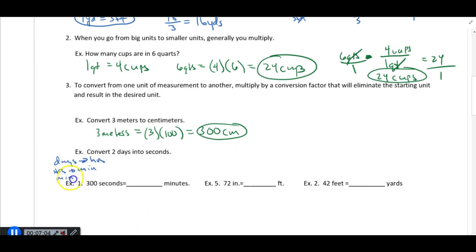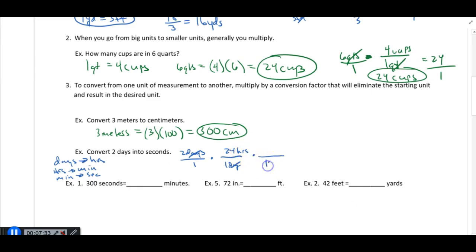And then I can go minutes to seconds. And that's exactly how I'm going to approach this. So I'm going to say 2 days over 1 times, now remember, I want to cancel out days. So when I look at the conversion, I know 1 day is equivalent to 24 hours. So now days cancel out, but I still have hours. So now I'm going to go and cancel out hours.